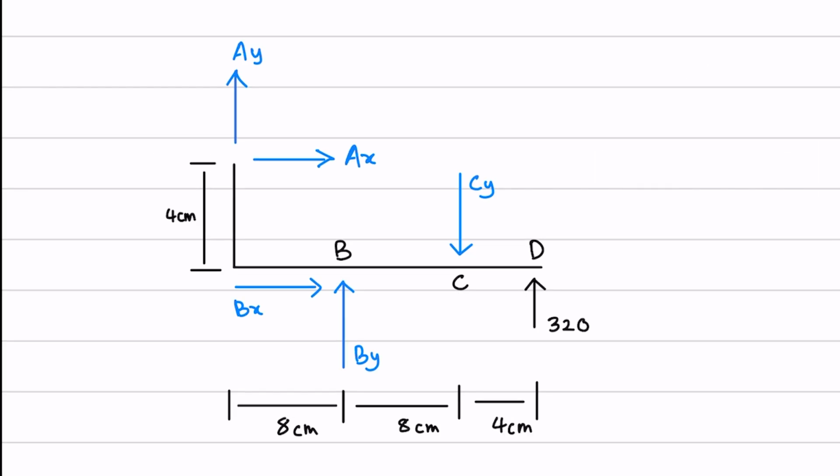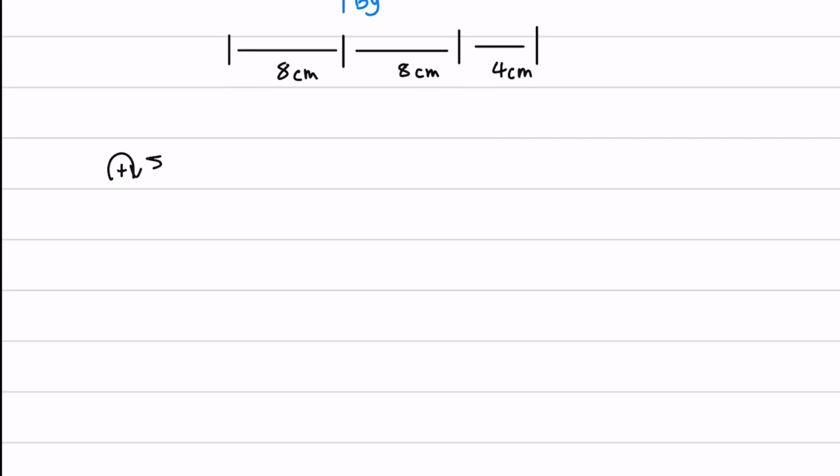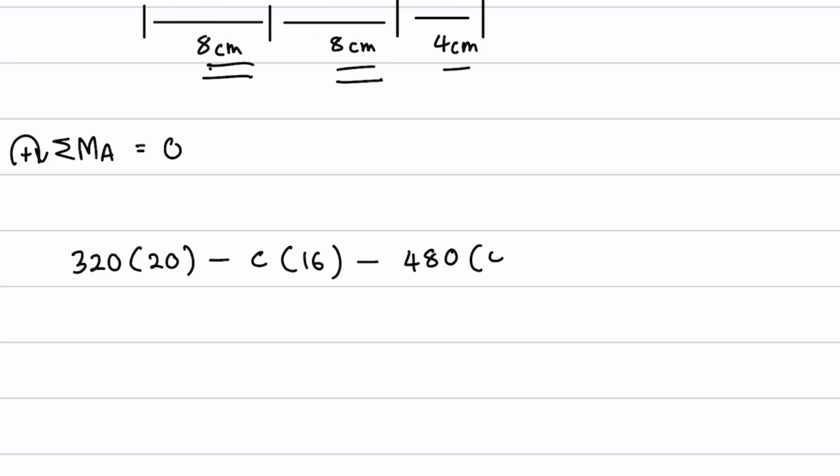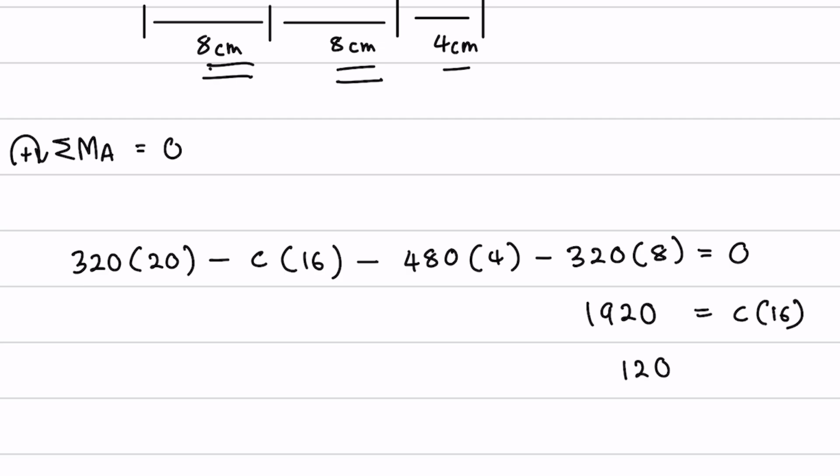For the next part, we have to draw the FBD for the second section. Then we have to find the moment for the whole FBD. I assume clockwise is positive. Sum of moment at point A equivalent to 0: 320 times 20, the distance, minus C times 16, the distance, minus 480 times 4, and minus 320 times 8 equivalent to 0. We get C at 1920 divided by 16, we get 120 newtons.